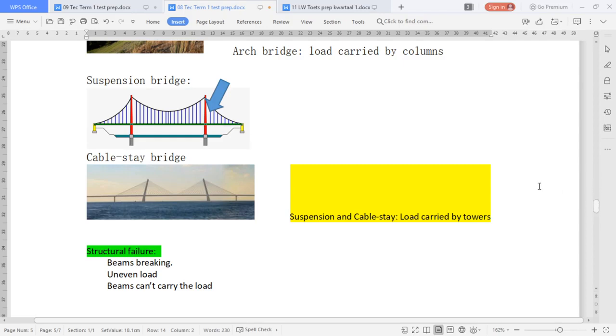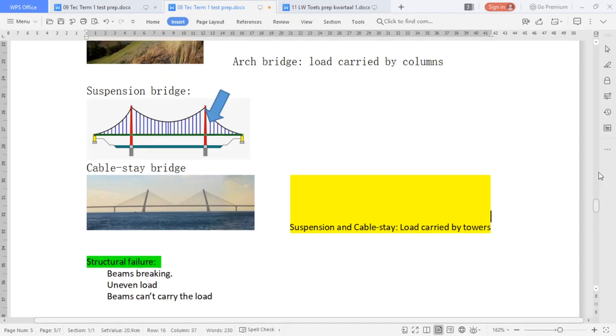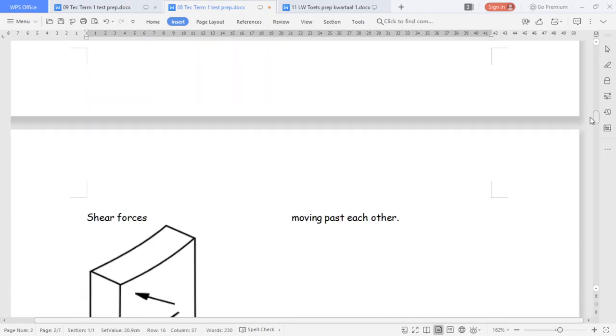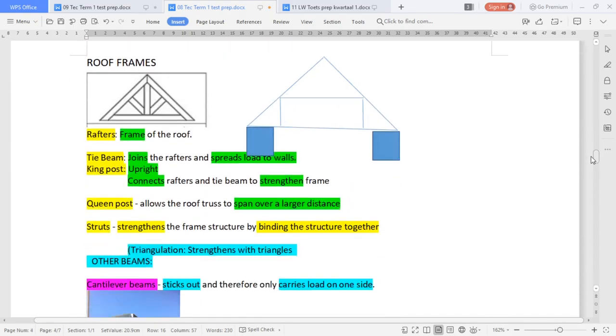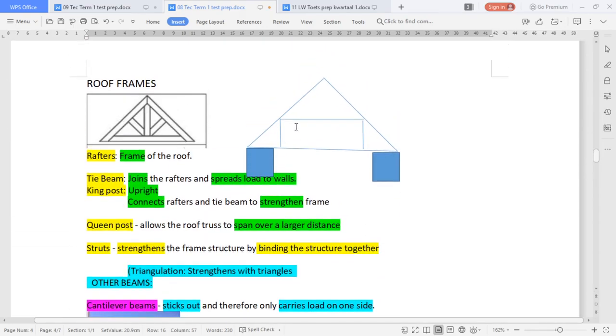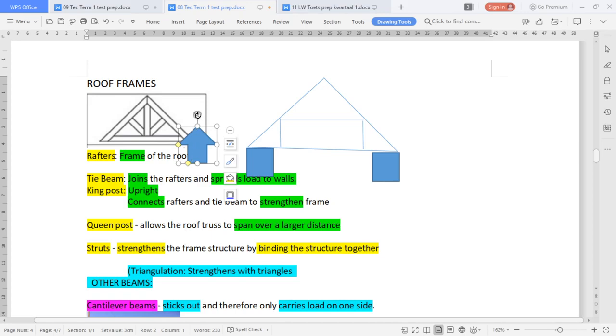Let's go back to the roof. Here we had the roof frames. So let's say for example this strut over here is not strong enough, or the load is uneven, any of these beams basically.